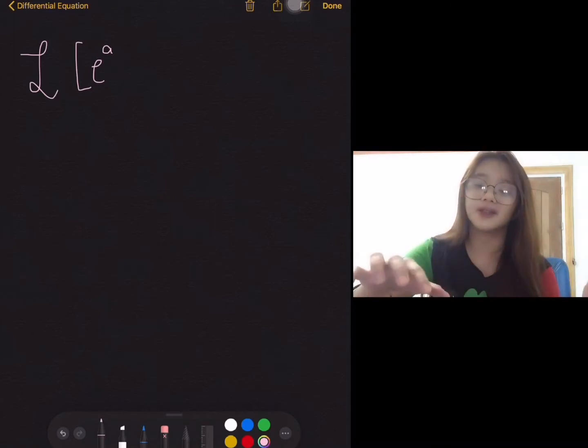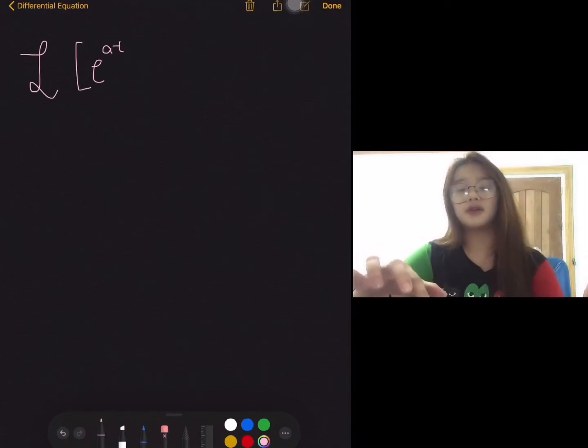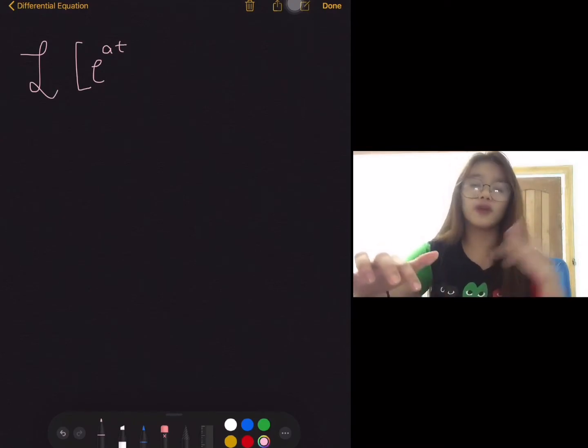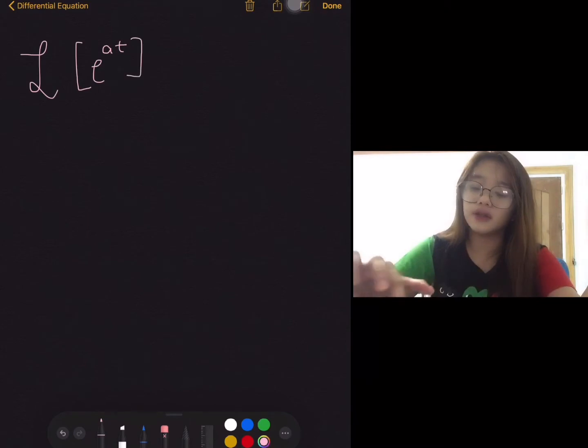The Laplace transform of this one is 1 over s minus a.